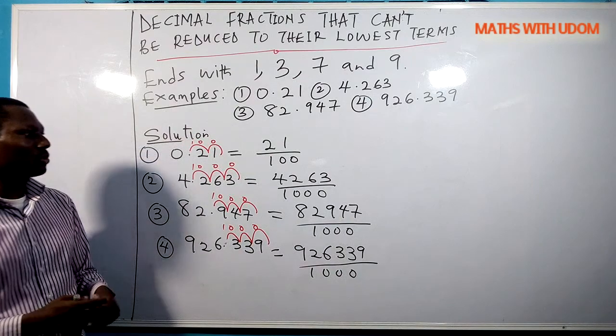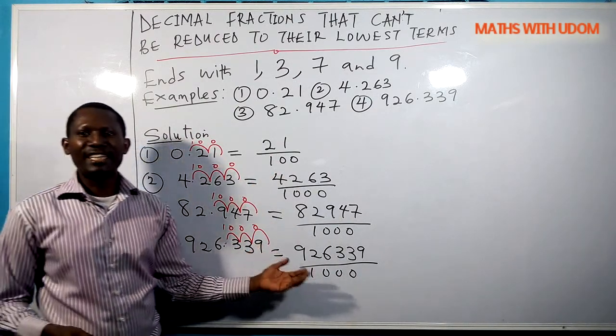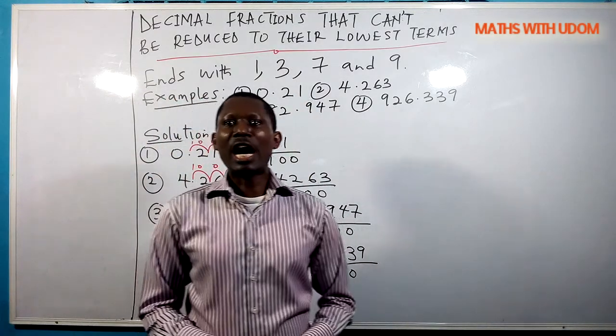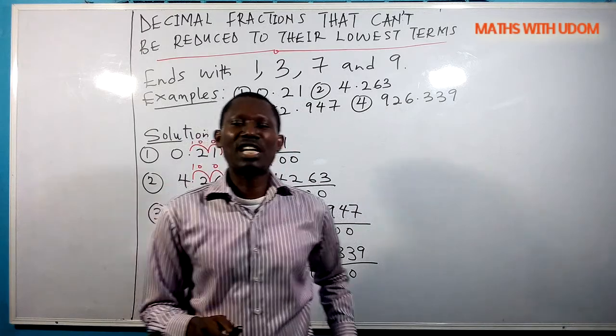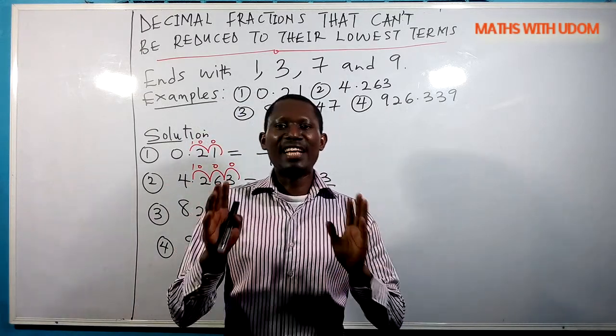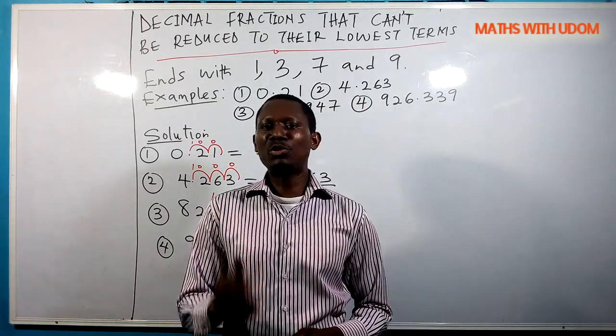If you check through these numbers, you will discover that they have no common factors in them. So decimal fractions that cannot be reduced to their lowest terms are numbers that end with all the odd numbers except 5, because 5 can divide through the denominator.